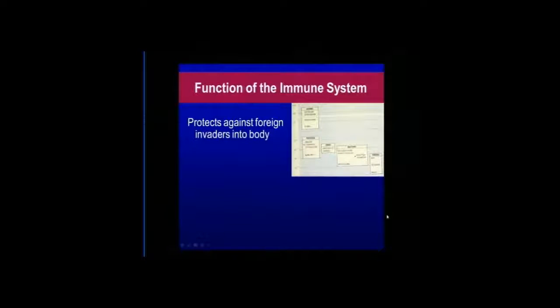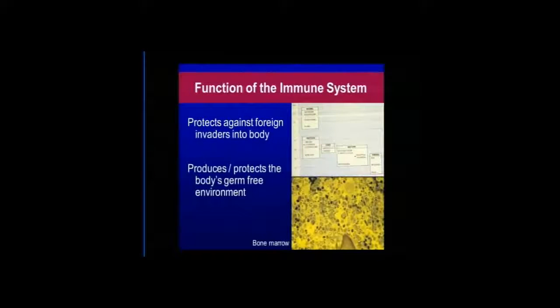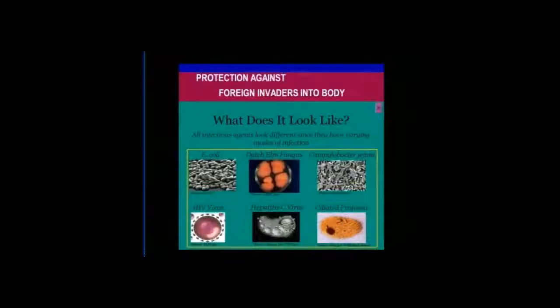And the immune system prevents that. Also, it protects a germ-free environment. Here in the bone marrow, where we make the blood cells, we need to have a sterile environment. And so the immune system is continually getting rid of bacteria to help maintain and produce a germ-free environment inside our body.